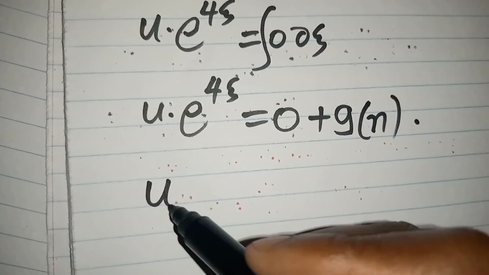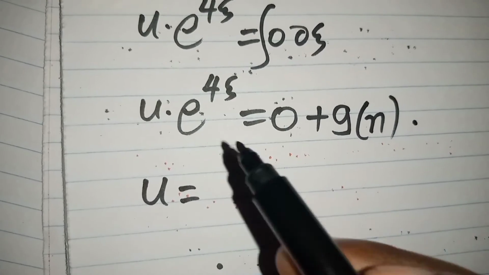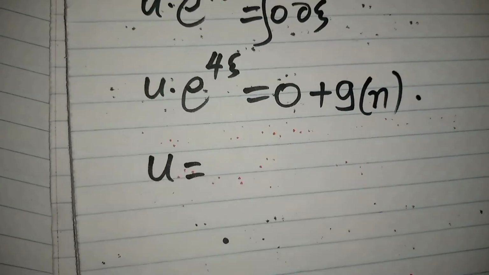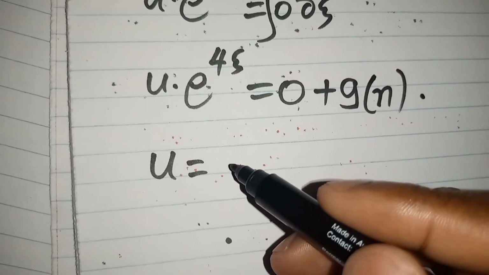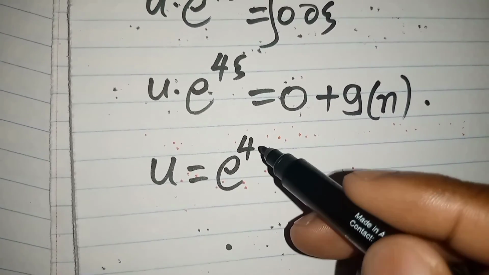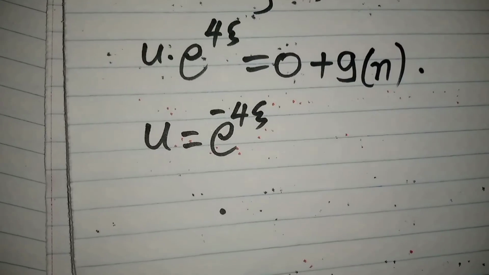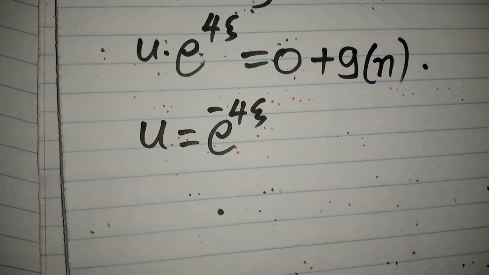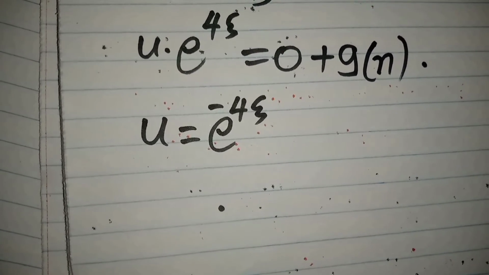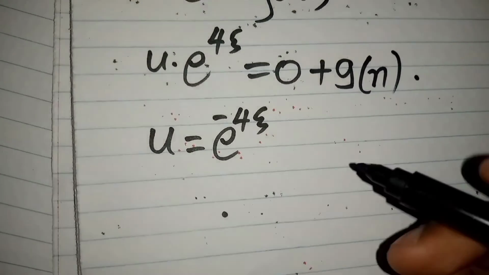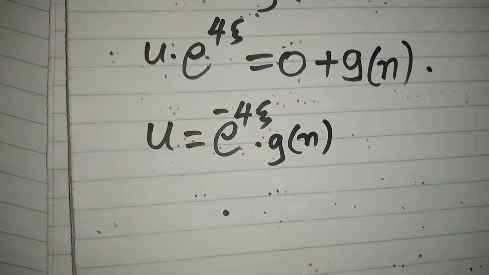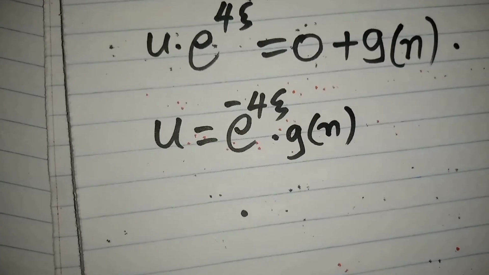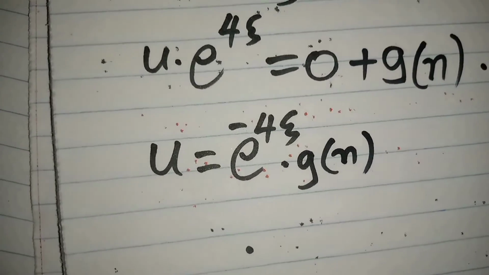So u will be equal to, we divide through by exponential 4xi. So instead of writing 1 over exponential 4xi, we will write exponential negative 4xi, then multiplied by g of nu.